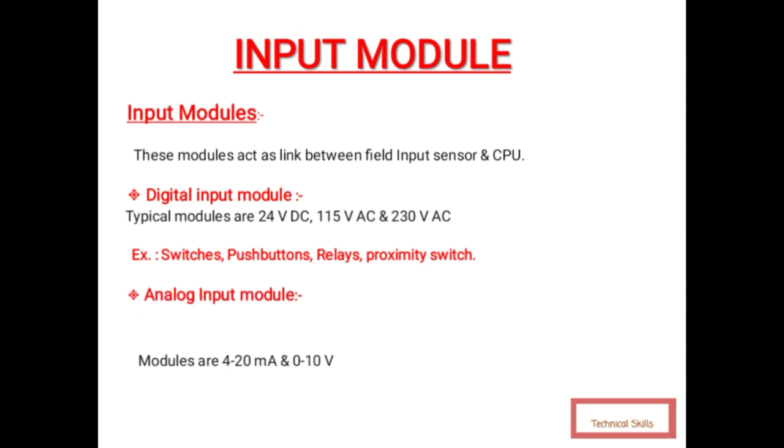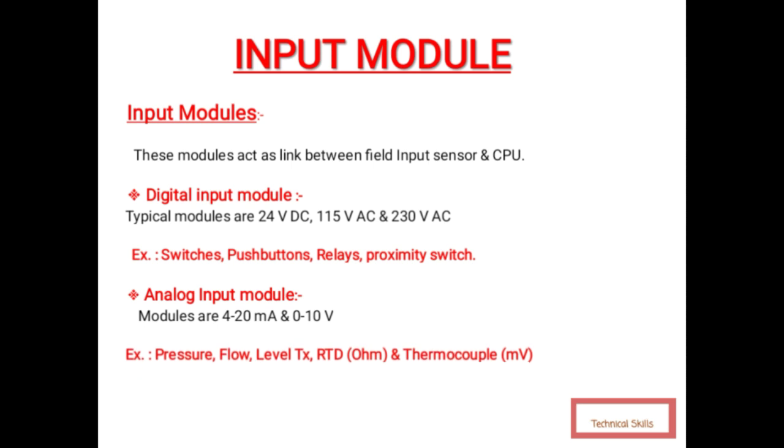Analog input modules work on 4 to 20 milliampere and 0 to 10 volt. Examples of analog input modules are pressure, flow, level, RTD, thermocouple, level transmitters and so on. Everything that works on 4 to 20 milliamperes is an analog input module. The input modules that work on 0-1 format, true false format, on off format, are digital input modules. So let's move ahead.